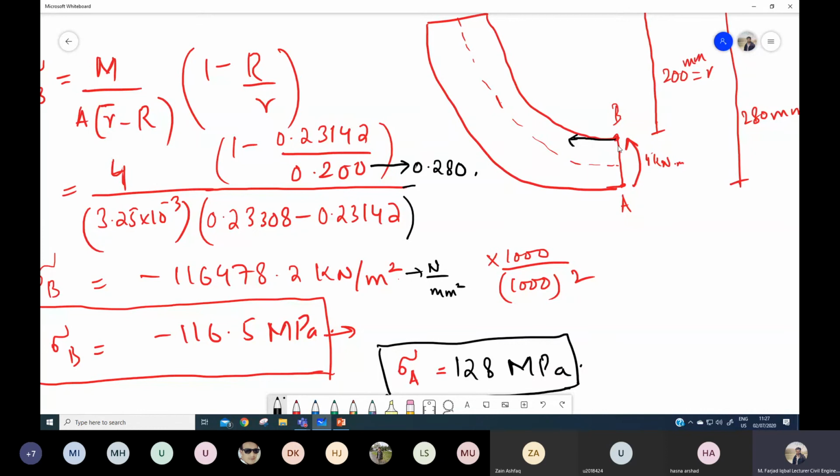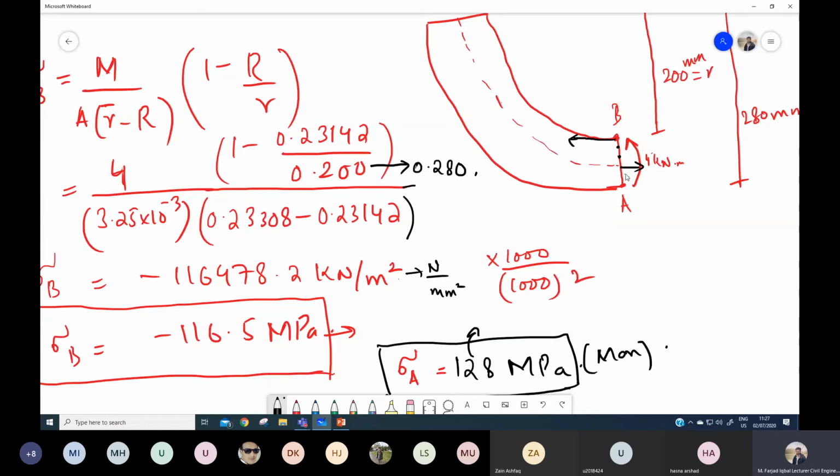If I show the stress distribution, obviously we know that it is non-linear. When you calculate at different points, you will automatically get this non-linear shape. In this question it was required to report the maximum stress, so the maximum stress is this 128 megapascal. This is our primary objective.